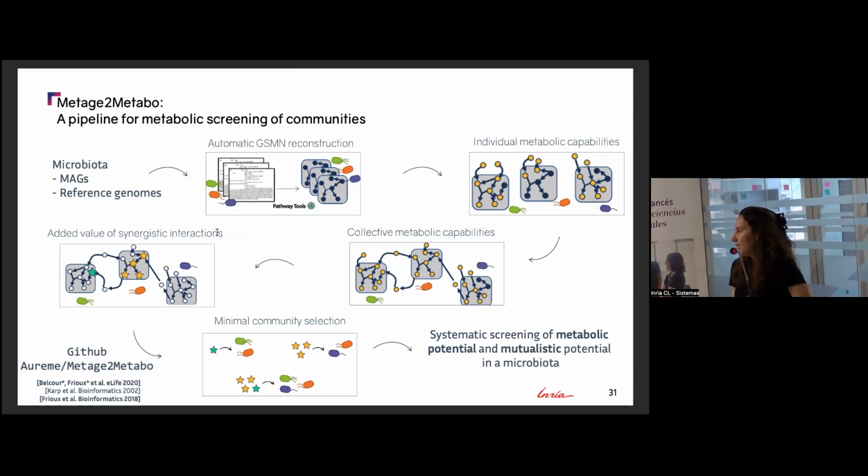Then we predict the metabolic capabilities of the community and of each member. We identify which compounds get producible through cross-feeding, cooperation, interactions. And then we can predict minimal communities associated to certain functions. So overall, we systematically screen the metabolic potential of the community.